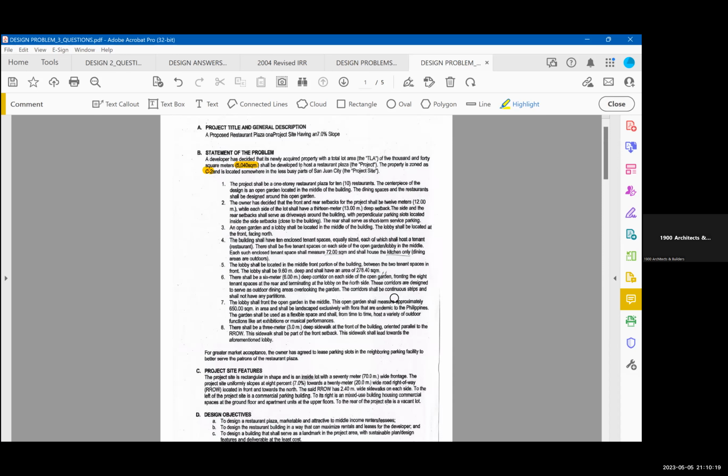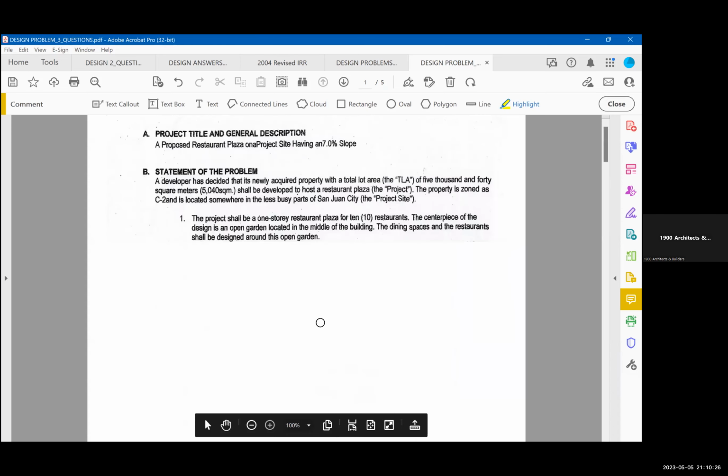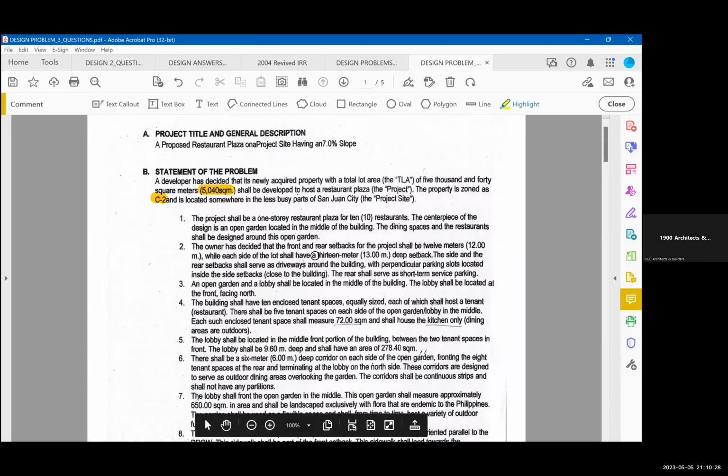Number 1, the project shall be one-story restaurant plaza for 10 restaurants. The centerpiece of the design is an open garden located in the middle of the building.